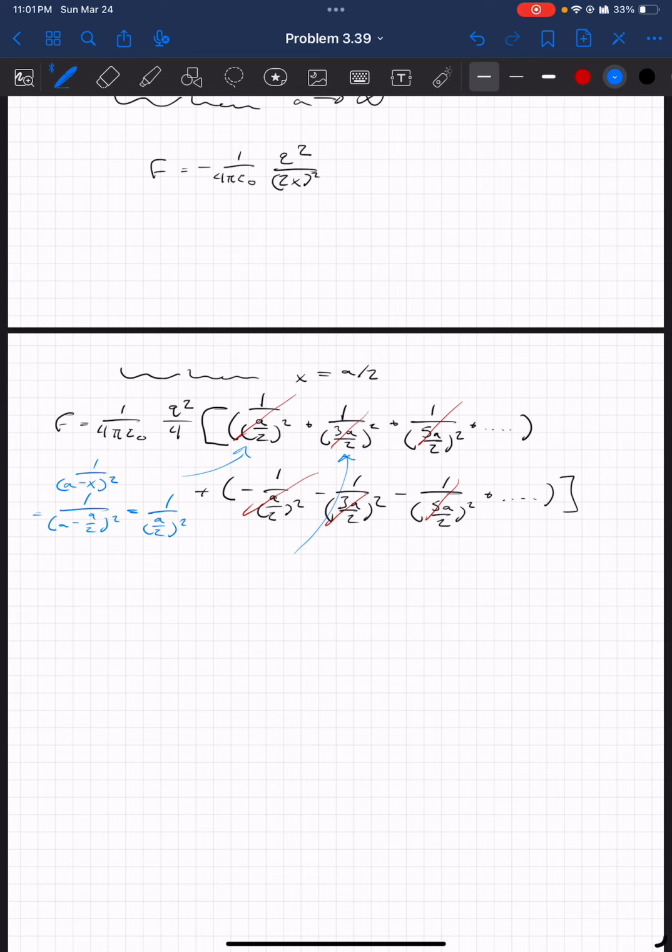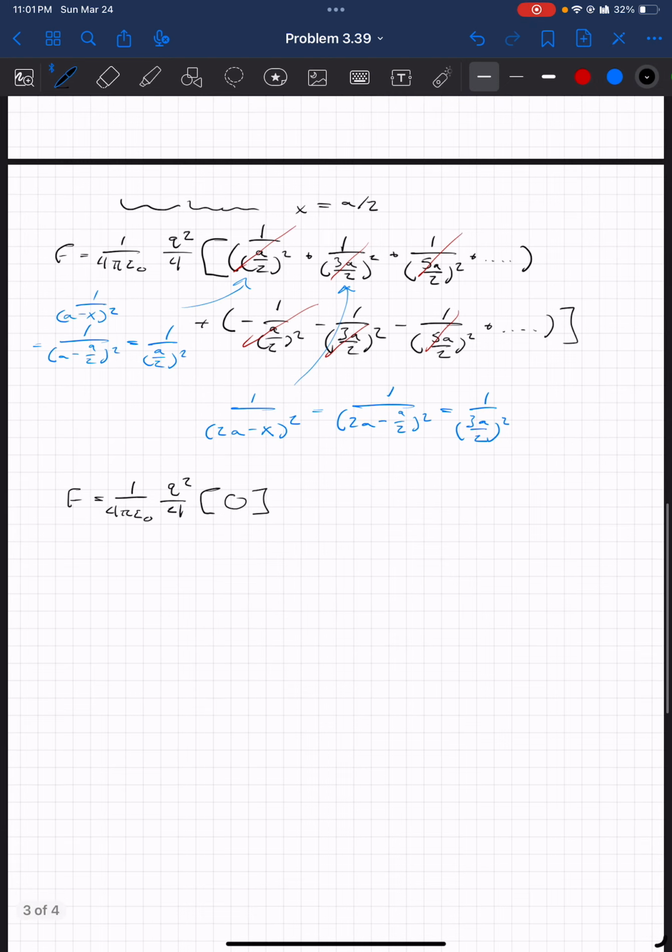And for 1 over 3a over 2, you plug in x is equal to a over 2. So we get 1 over 2a minus a over 2 squared, which reduces to 1 over 3a halves squared. And that's how we got each of those. And since they each cancel out with each other, we will get force is equal to 1 over 4 pi epsilon naught q squared over 4 times 0, which just gives us a force of 0.